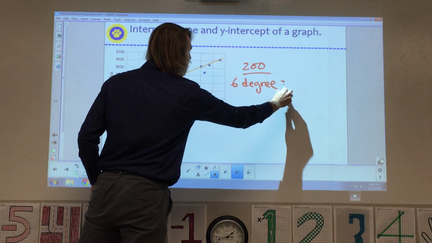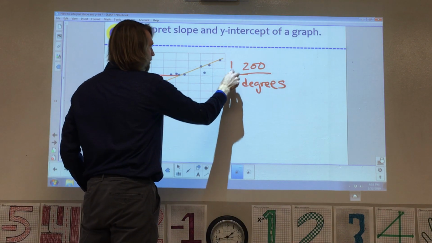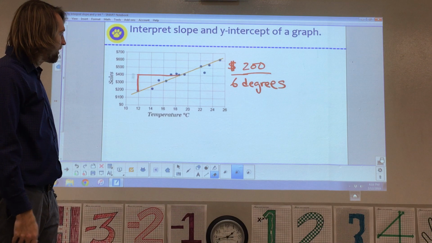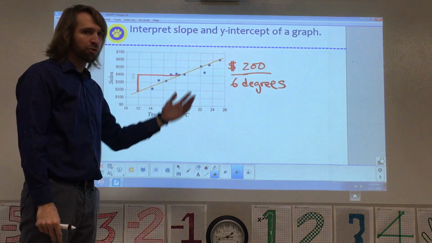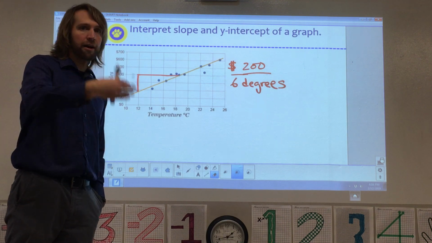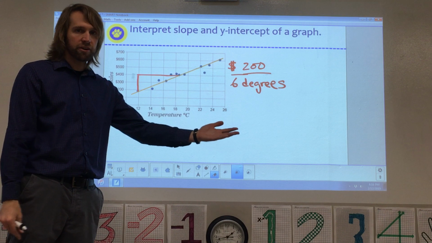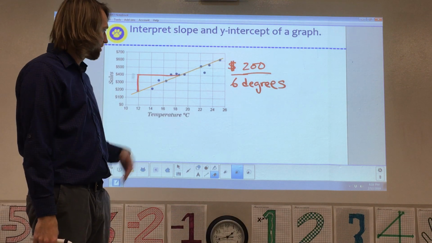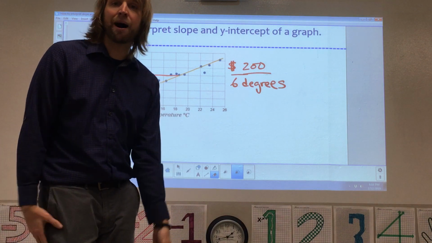So for 6 degrees, it's going up $200. So it doesn't mean when it's 6 degrees, I have $200. It means that I'm gaining more money as the temperature is going up. So what could I think of in real life? That I might gain more sales if the temperature is going up. If the temperature is going up, I might be having more sales in popsicles.